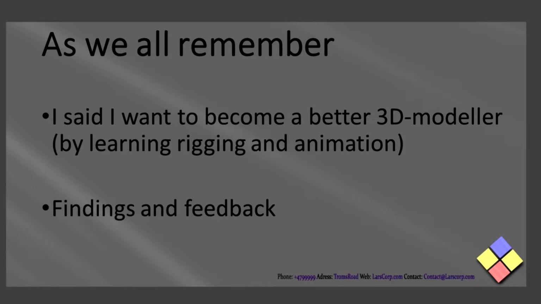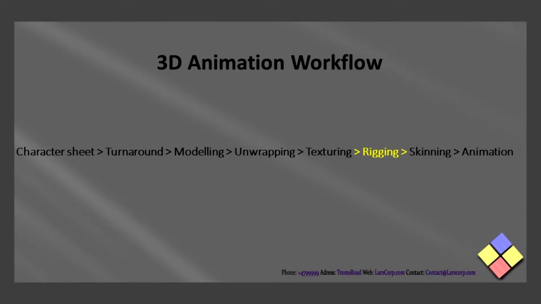So, what are my findings since last time? If we look at this traditional workflow structure for 3D animation, I would say I'm on the rigging step right now. I've already practiced the other steps before this one in my previous year, but I'm not by any means a master yet, obviously.